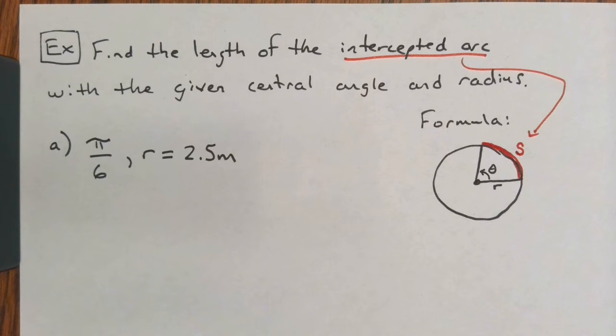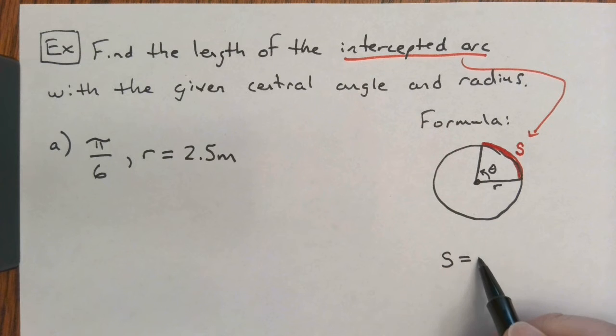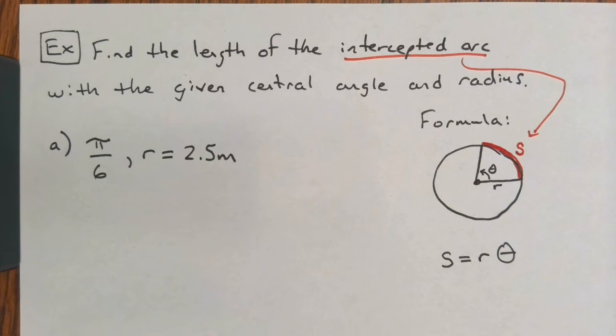So the formula that we use for this is S is equal to R times theta. To be clear, this S that's here, that is the length of that intercepted arc.